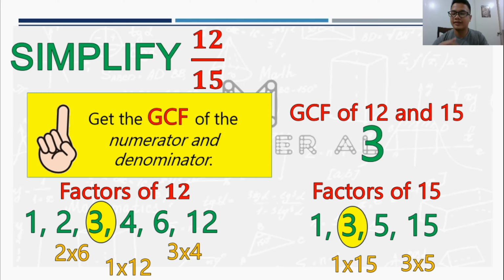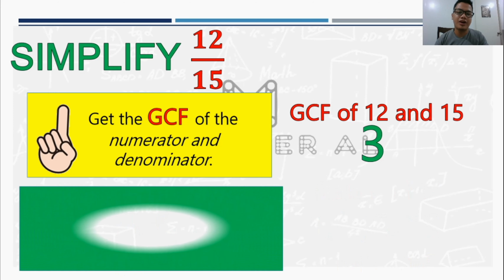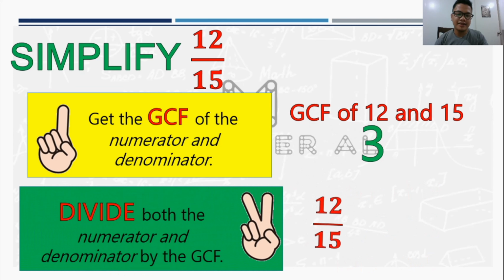Did you get it? So we have to move to our second step. Again, divide both the numerator and the denominator by the GCF. 12 over 15 divided by 3. So 12 divided by 3 will give us 4, and 15 divided by 3 will give us 5.